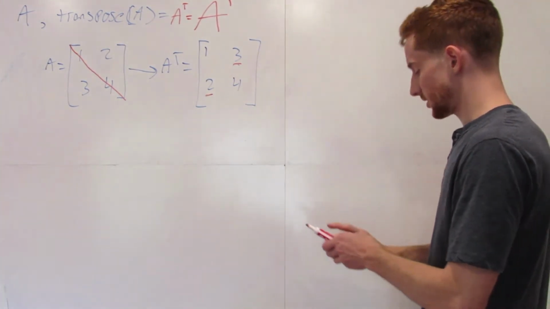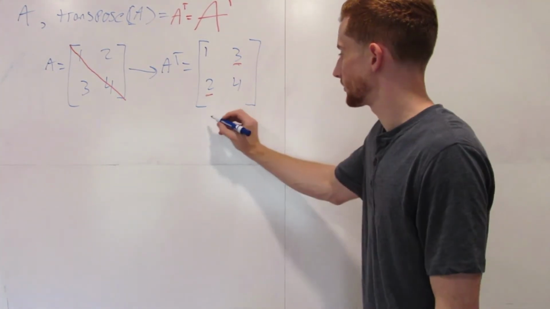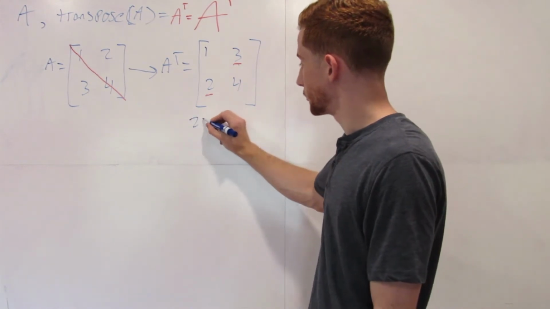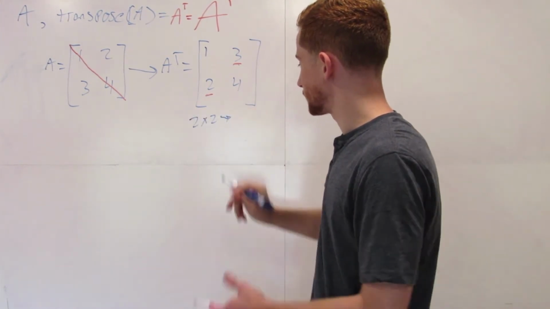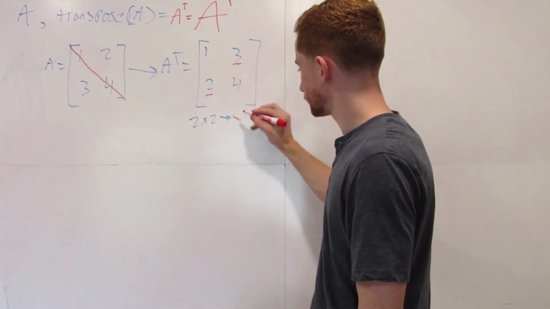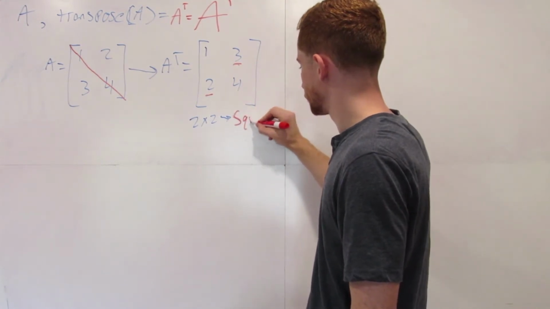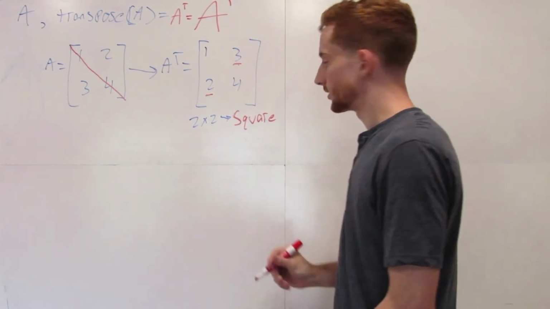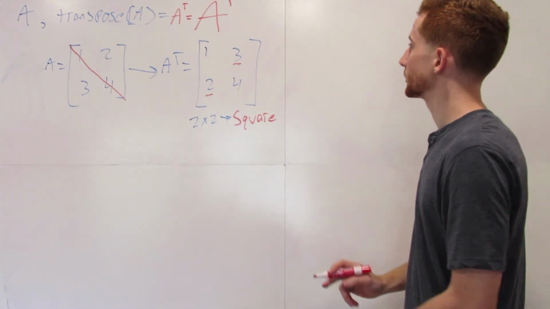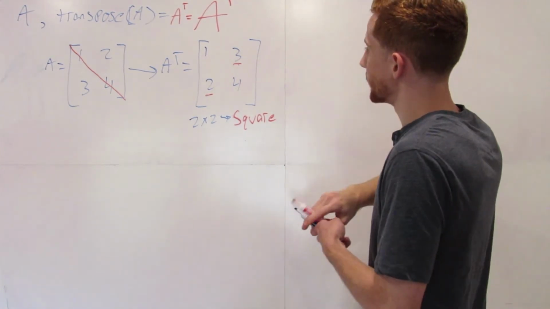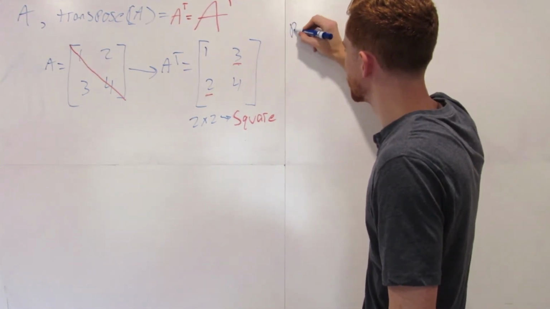Let's just do another example. This is 2 by 2, which is square, obviously from the last video. So let's see what happens when A is not square. Let's just do B. Why not? Let's change it up.